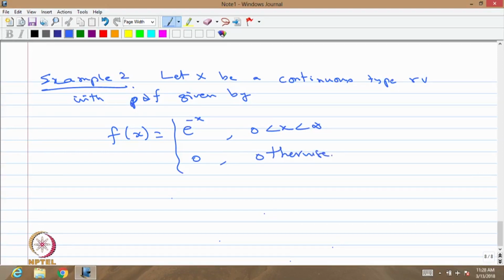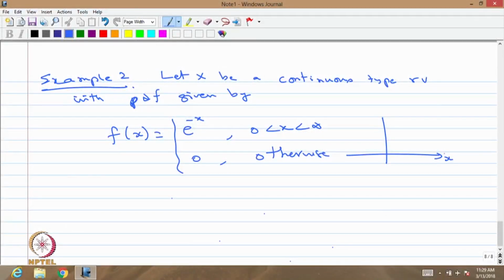Whenever we say 0 otherwise or elsewhere, as some books use the word elsewhere, that means the probability density function is a positive value e power minus x on the interval 0 to infinity, and on the remaining interval it is 0. Here the remaining interval is from minus infinity to 0.